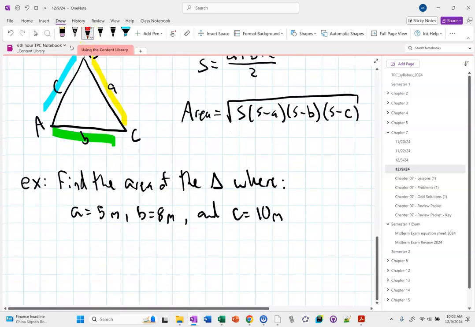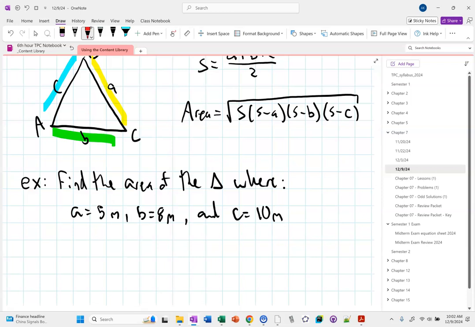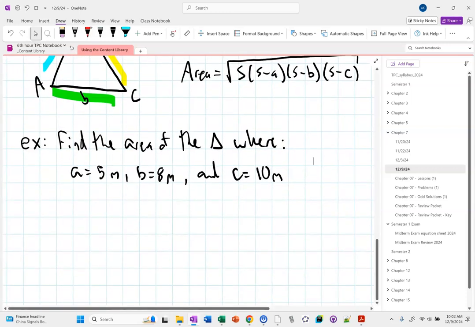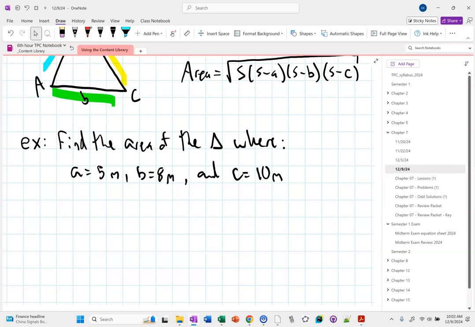So let's do a quick example using this one. Find the area of the triangle where A is 5 meters, B is 8 meters, and C is 10 meters. What do I need to check before I do anything here, since it's a side, side, side situation?